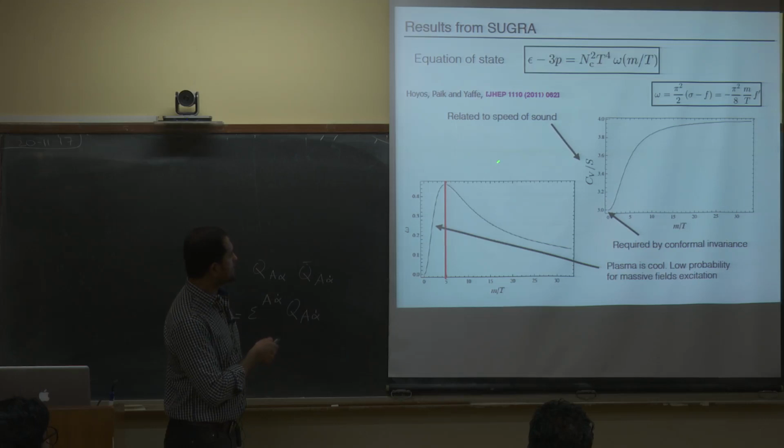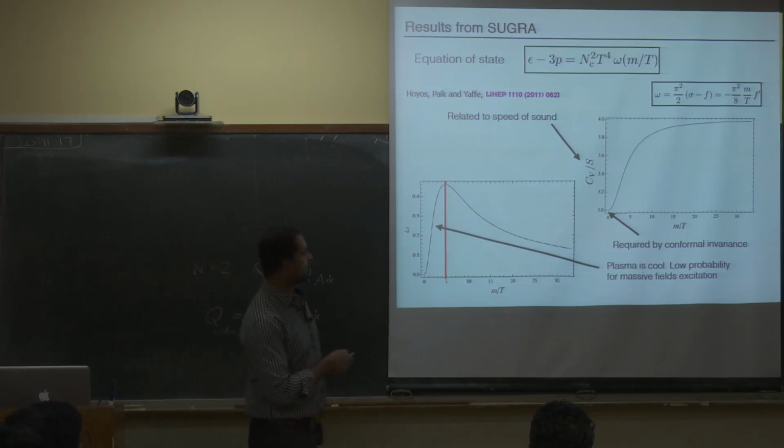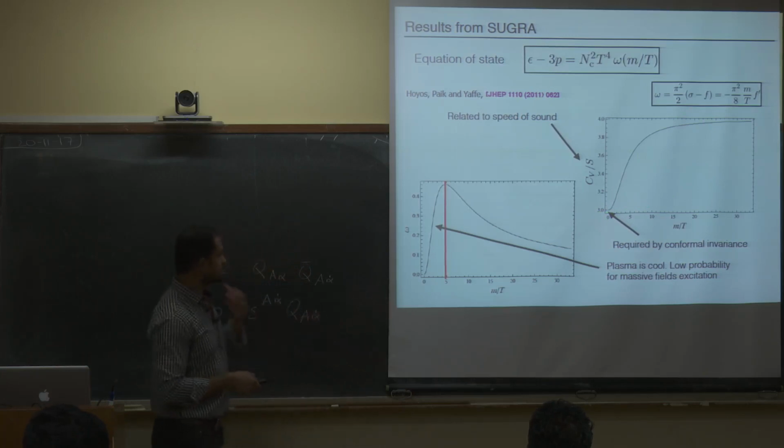Here is the specific heat to entropy ratio, which is given by this. At low temperature, it should reach this value. This is required by conformal invariance. So the theory becomes N=4 here when the mass equals 0. So they produce these nice results from supergravity calculations.